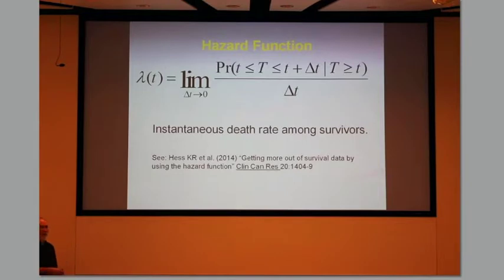Like that day. And you do that for every successive time. So what's the probability that the patient that's made it this far is going to die right now? That's the hazard function. It has this fancy mathematical definition, but it's just a limiting conditional probability, if you will.